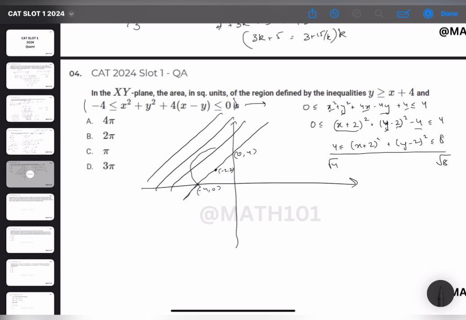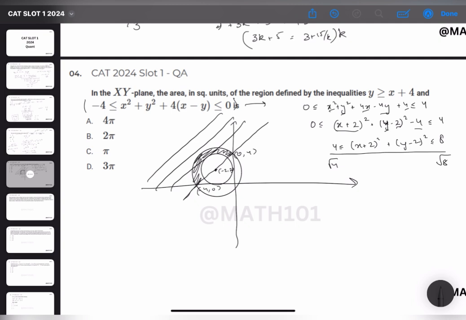So this is something like this being the outer radius. This circle will pass through the origin obviously, and the inner circle will touch the axis. So this region, this semi-ring, is what we need to find, half ring.